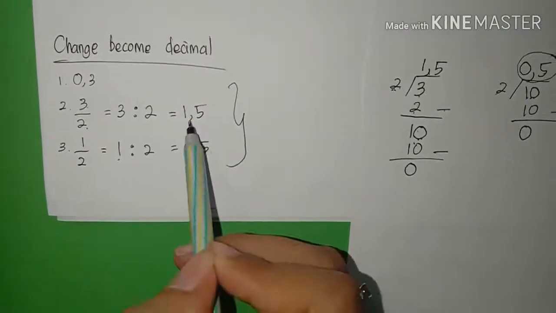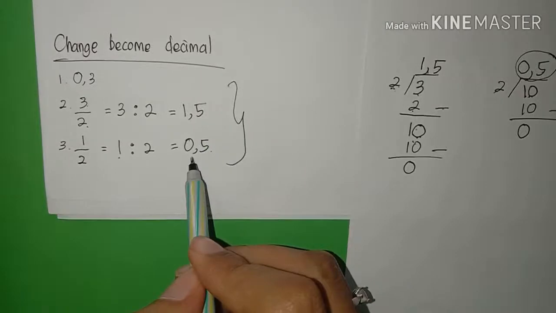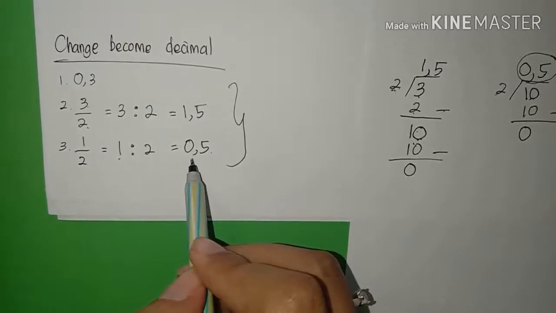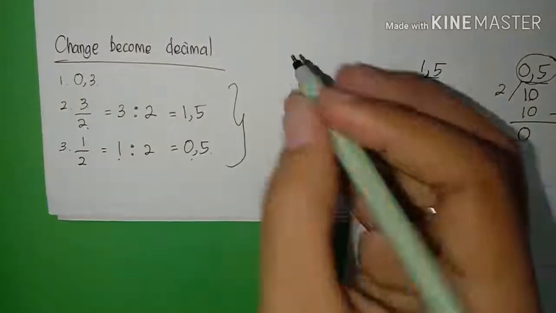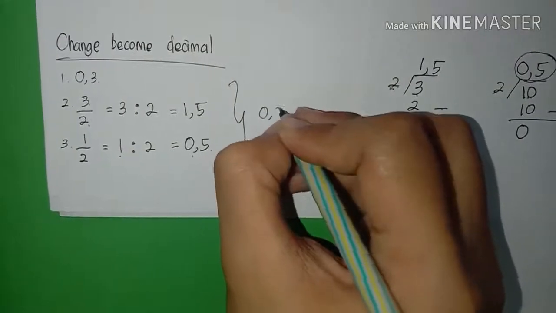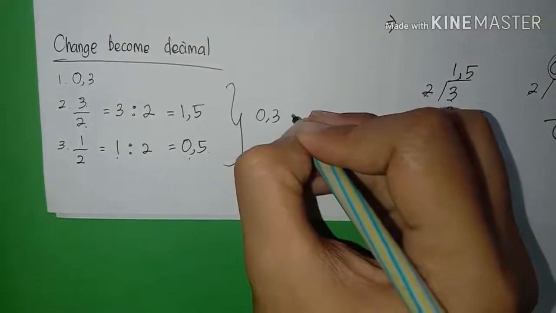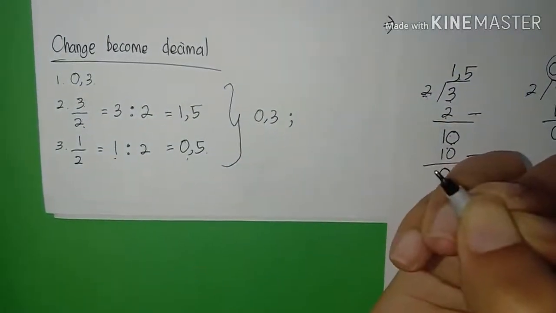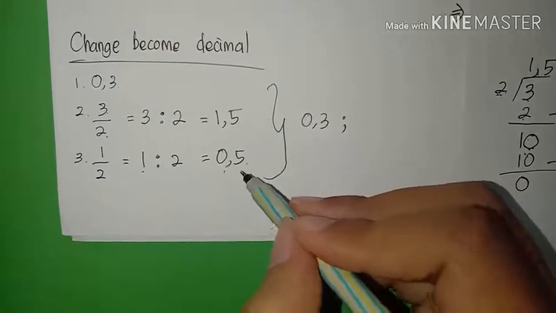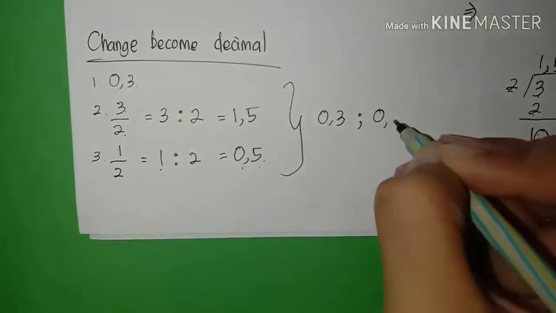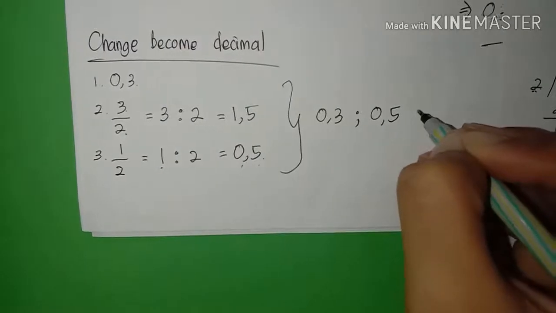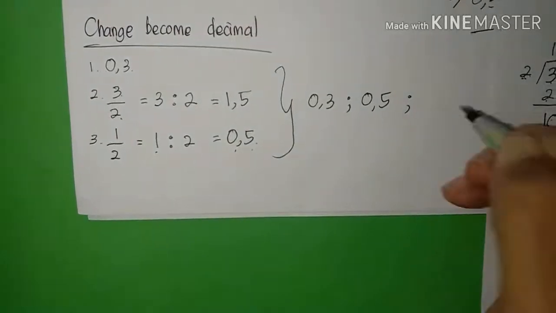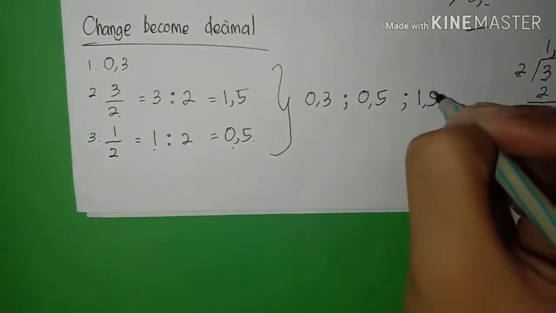Now let's arrange these patterns from smallest: 0.3, 1.5 and 0.5. The smallest is 0.3, and then after 0.3 is 0.5, and then the last is 1.5.